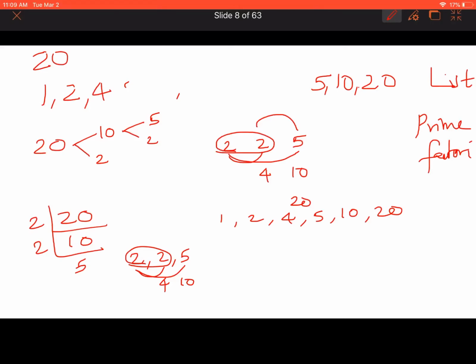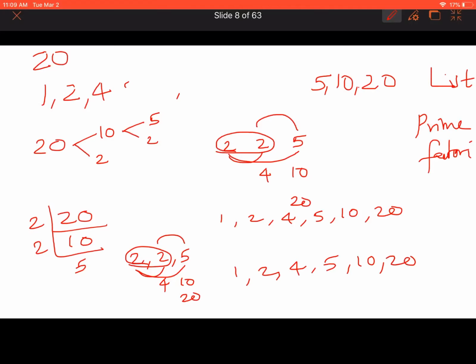We have to aggregate it. 2 times 2 is 4, so 4 times 5 is 20. So again we have got the factors like this. Okay, so you can follow any of the methods, listing, prime factorization or ladder, and find the number of factors each number has.